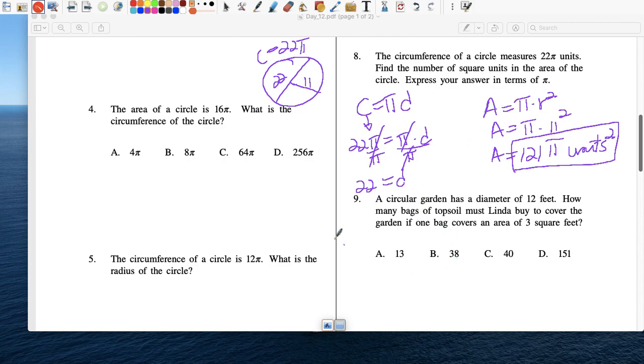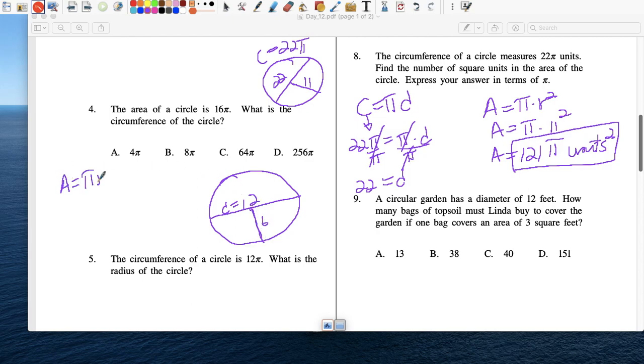The circular garden has a diameter of 12 feet, which means the radius is 6. How many bags of topsoil must Linda buy to cover the garden if one bag covers an area of 3 square feet? Let's find the area.